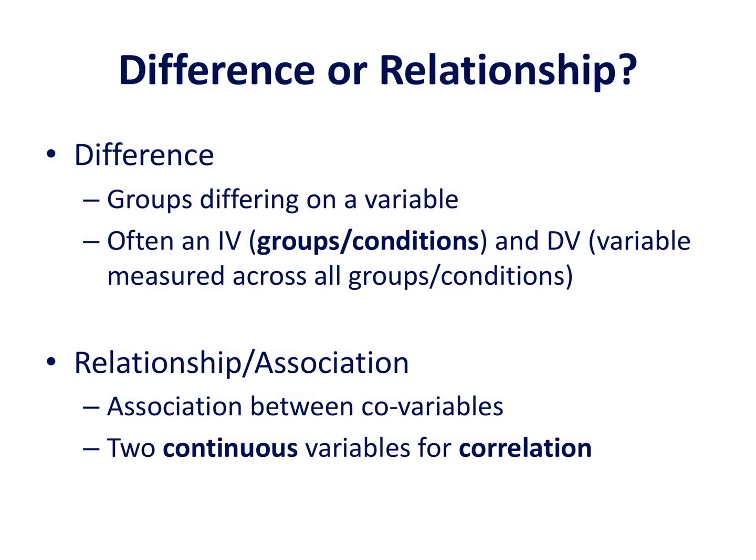Your IV being groups or conditions, and the DV being a variable that we measure across all of those groups and conditions, you should be pretty confident that you're looking at a difference. If there isn't an IV or a DV, and there don't seem to be many groups, this is when you're looking at a relationship or an association. Often this is when you have co-variables. We can have two different co-variables, and we're looking at association or correlation between them. We know a lot about correlations. So when we have two continuous variables and we're looking at correlating them, we know we've got a relationship on our hands.